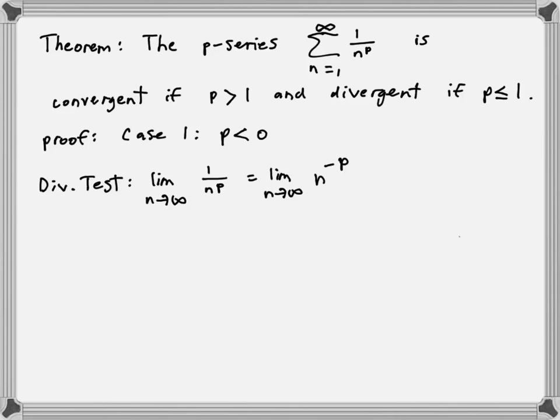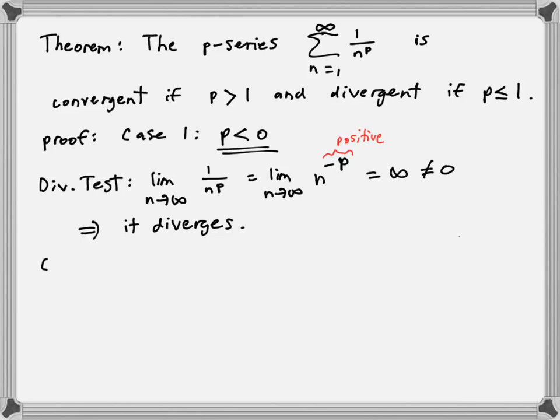But since p is a negative number, now this guy is positive, isn't it? And so what does this limit go to? It equals infinity, because infinity to the power of any positive number is infinity, which is not 0. So what does the divergence test tell us? It diverges. Okay, so we now know that for p less than 0, it diverges.